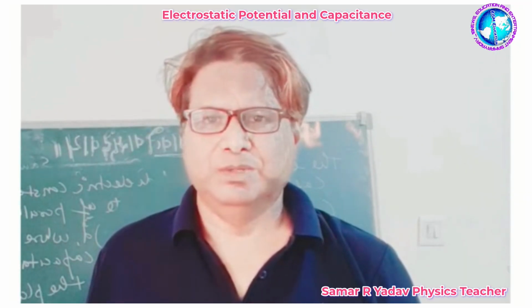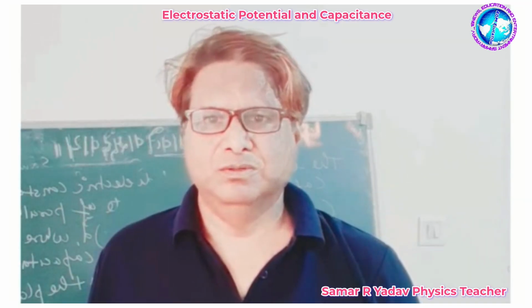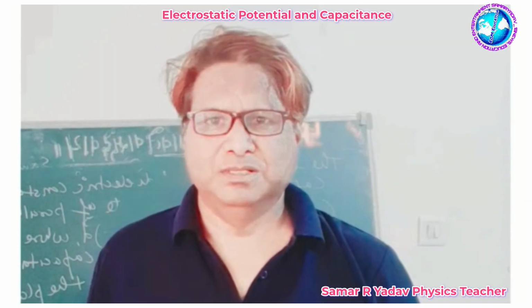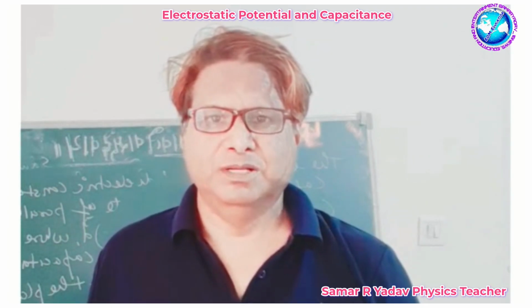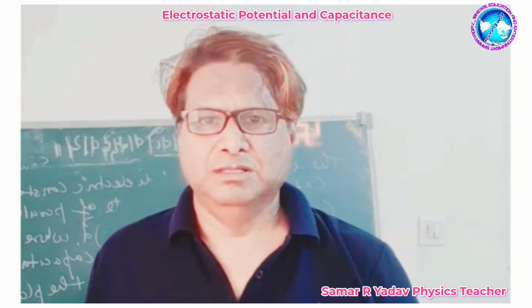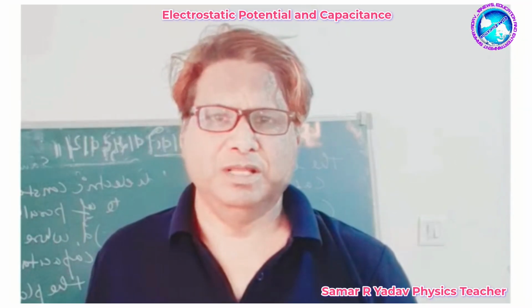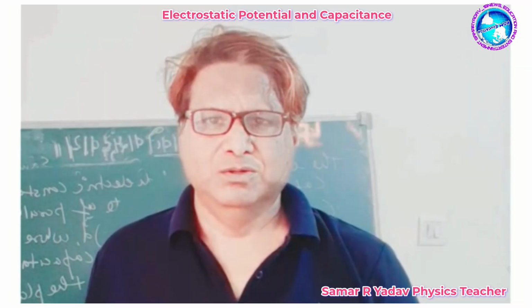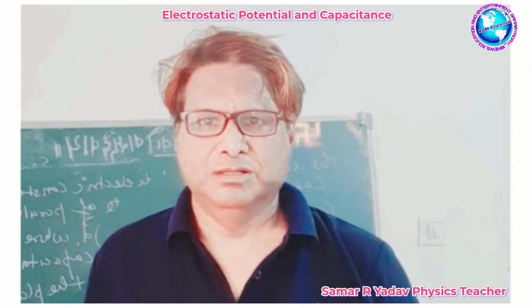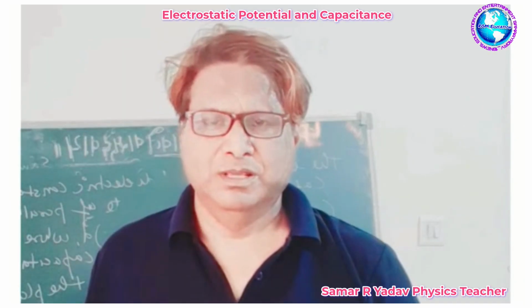Now the potential is given by V is equal to V0 by 4 plus 3 upon 4 V0 by K. We know that E0 is equal to V0 by D, therefore V0 is equal to E0 into D, keeping this value and taking common V0, finally we get V is equal to V0 in bracket K plus 3 upon 4K.